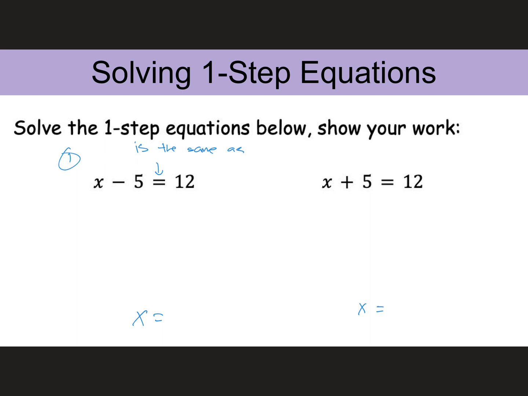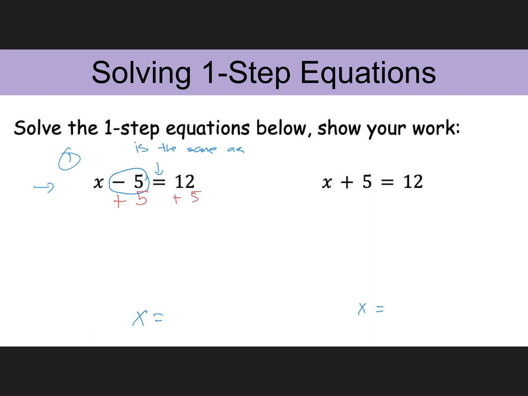Now, what is my operation in this equation? The operation is right here. I have minus 5. What is the opposite operation of taking away 5? It's adding 5. So what I need to do is add 5, and I do that to both sides.